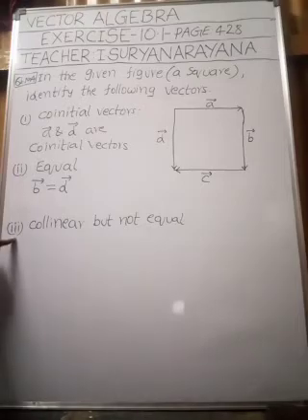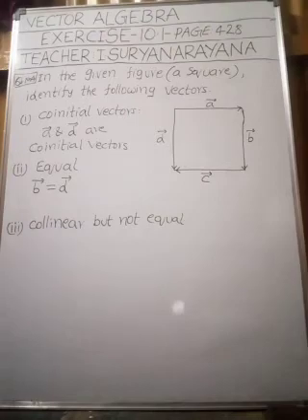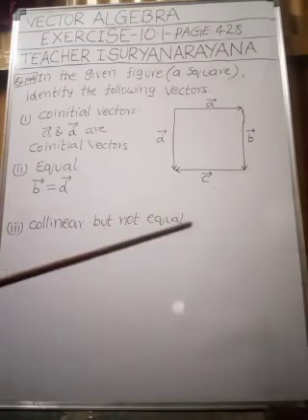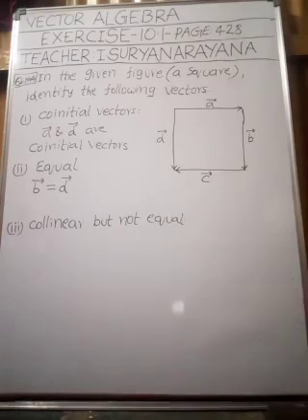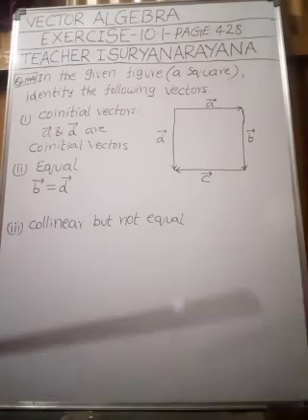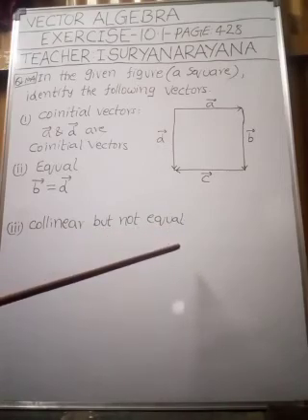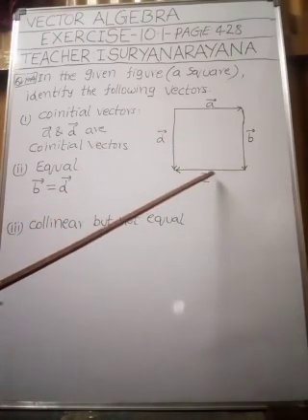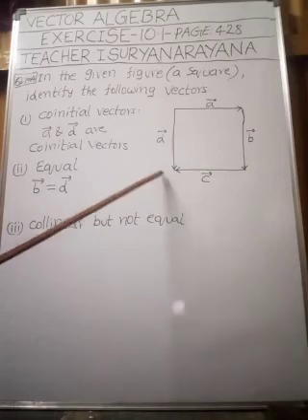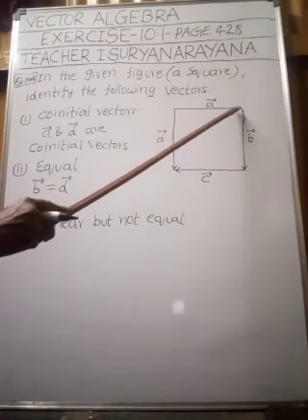Right. Now come to the third point, collinear but not equal. Recall the definition of collinear vectors. Collinear means the vectors which are parallel to the same line. But not equal means direction will be different, opposite. So here a bar and c bar, see the direction of c bar is left side, a bar is moving towards the right side.